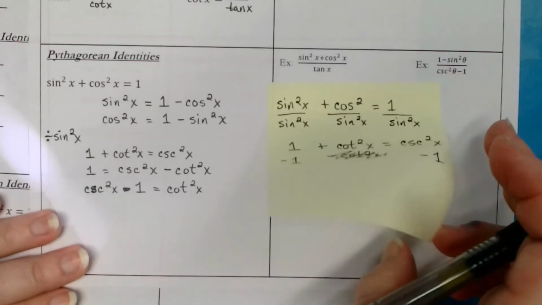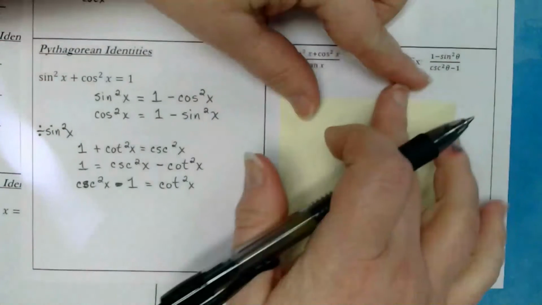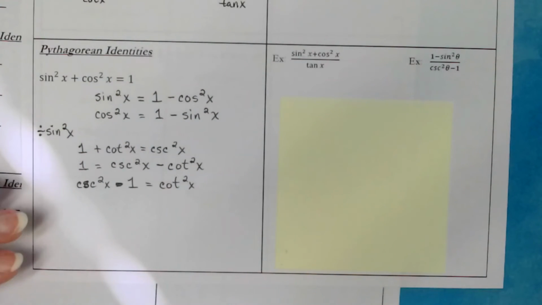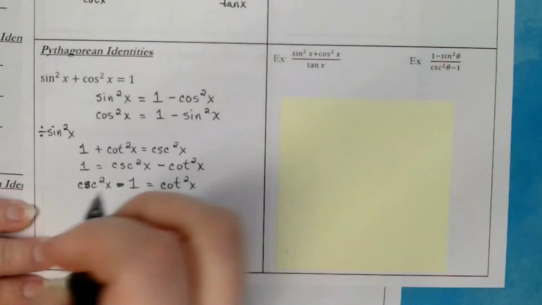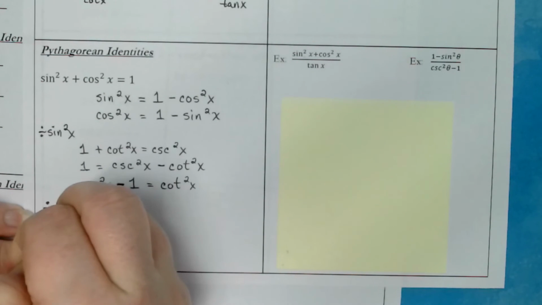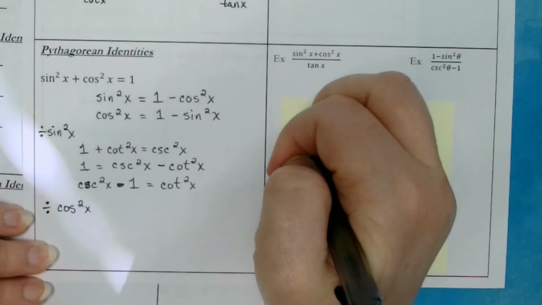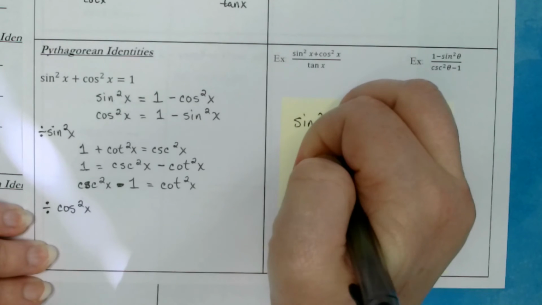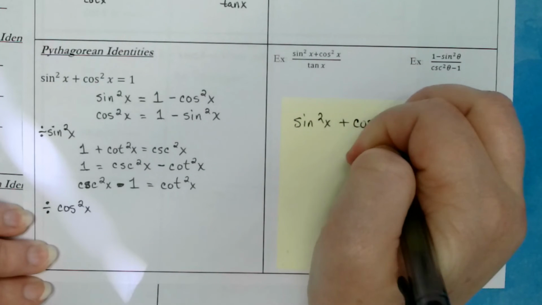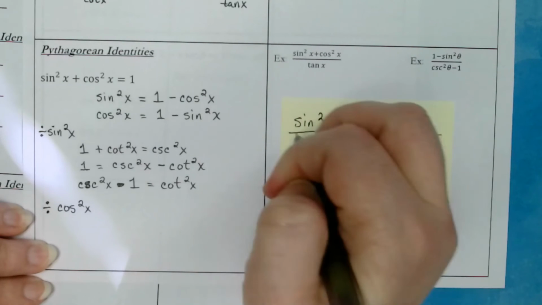Okay, well what if we were to go in and divide by sine squared? I'm sorry, we just did sine squared. I got interrupted and it messed me up. So what if we divided by cosine squared x? Okay, so let's take our original theorem. We got sine squared x plus cosine squared x equals 1. Divide each of those by cosine squared x.